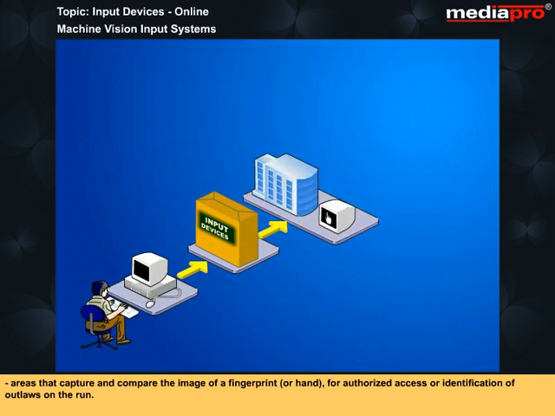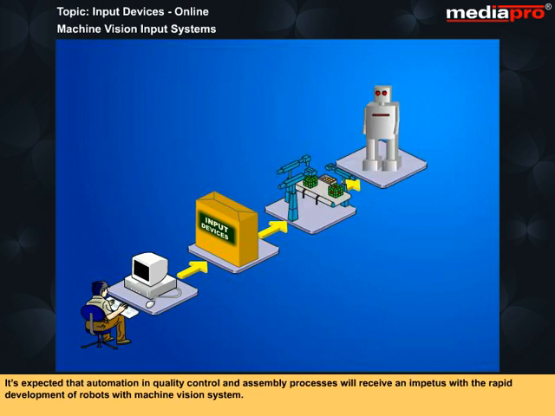Other areas capture and compare the image of a fingerprint or hand for authorized access or identification of outlaws on the run. It is expected that automation in quality control and assembly processes will receive an impetus with the rapid development of robots with machine vision systems.